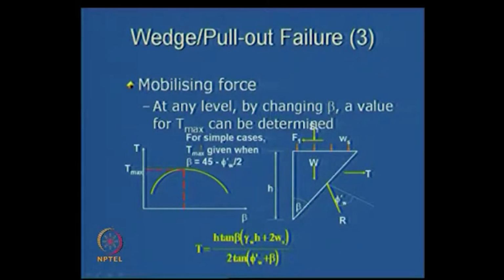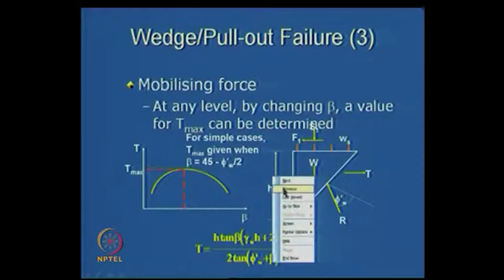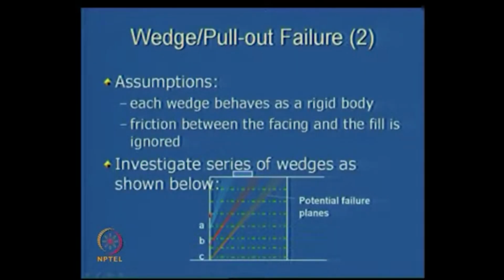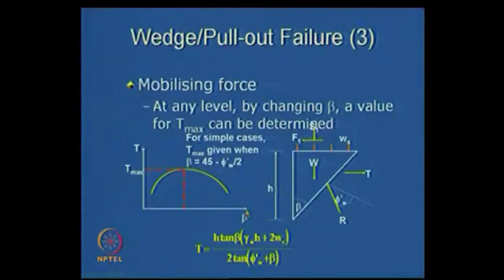So at any level, by changing beta, we investigate this T max for different betas, as I just showed in my previous diagram. Betas can vary, there are so many betas here, and there could be many betas here. So all those betas we investigate. It is a simple Excel program one can write to have all this information and then plot like this.